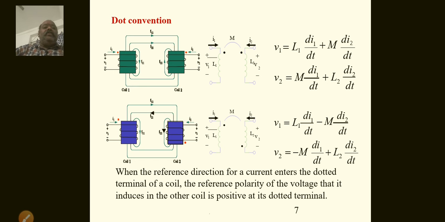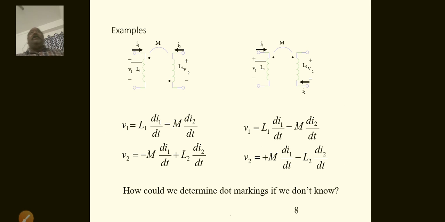So now let's take an example. Just observe what V1 is here: L1, and here L2 and V2. We already know the inductance L1, inductance L2, and this is the voltage across the primary and the voltage across the secondary.